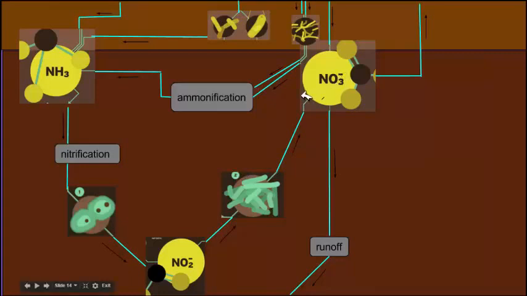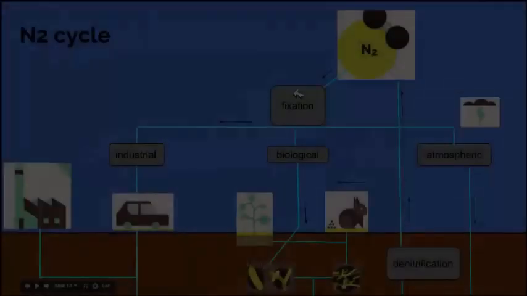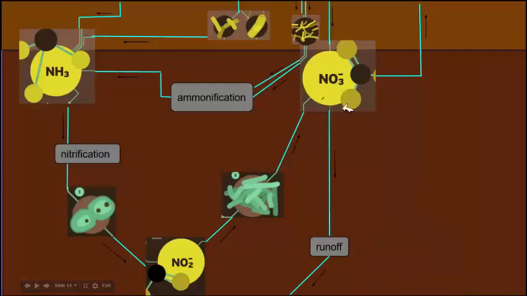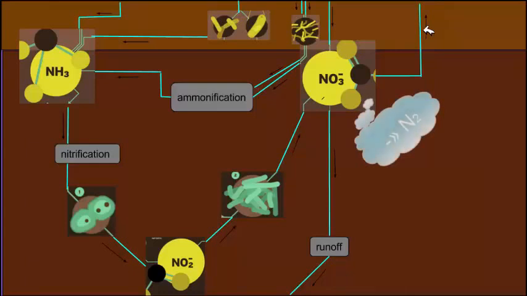Now we'll talk about the process started in the previous slides, denitrification, which is basically going upstream, the only one. From NO3, denitrification is a process of reduction of nitrates into inert nitrogen gas, the one we met in the atmosphere, so regular N2 shape, and that's basically considered as the end of the nitrogen cycle.